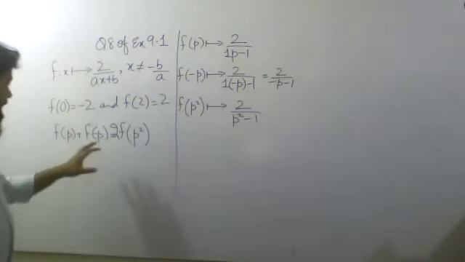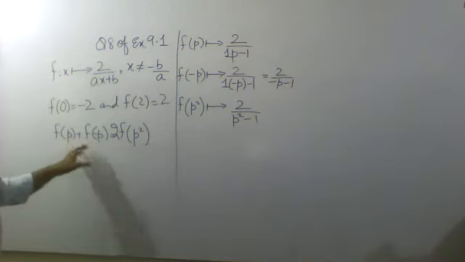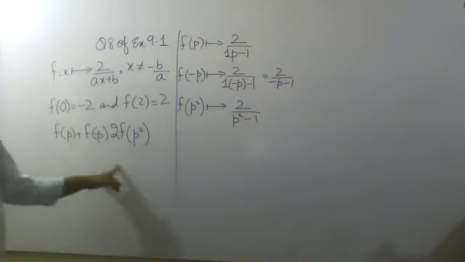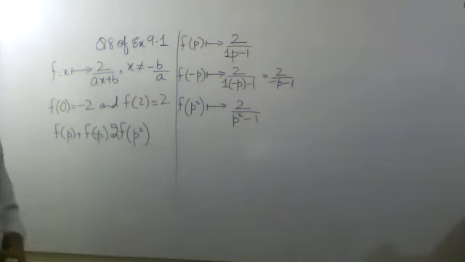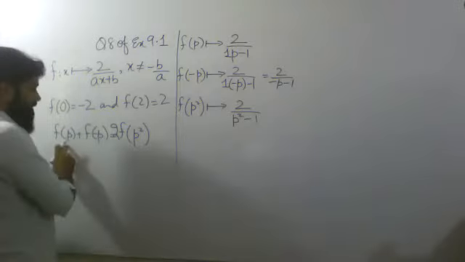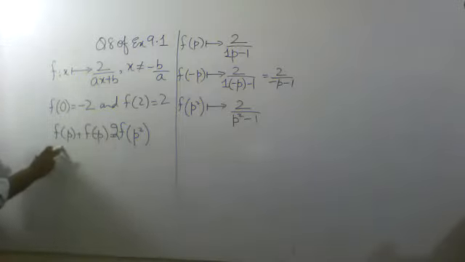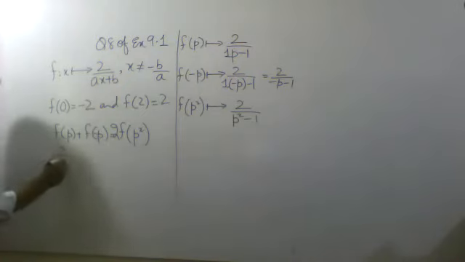Right? Now I have to see if I put it in this one, will both sides be equal or not? Okay. So first of all, f of p. What was f of p? 2 upon p minus 1.